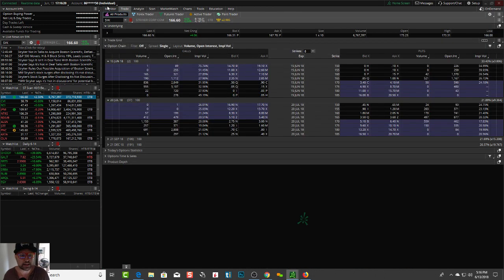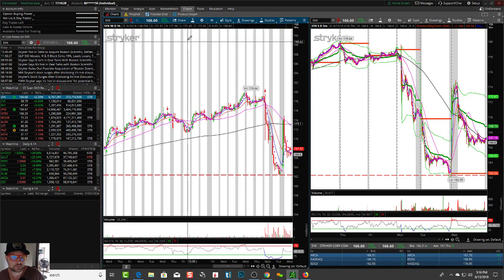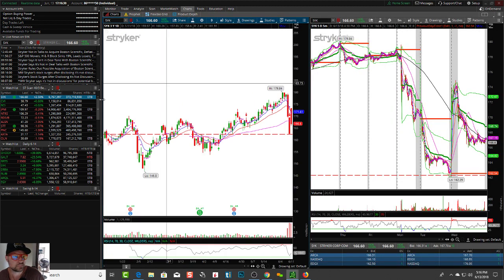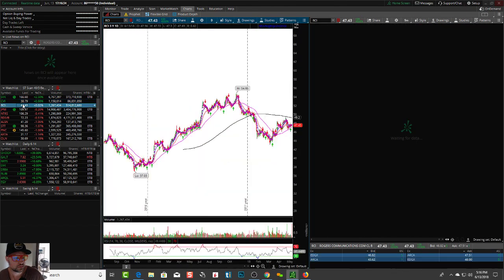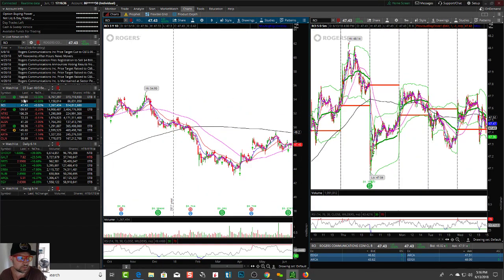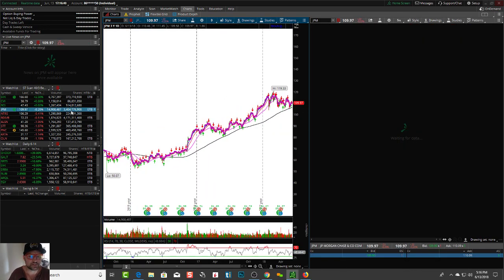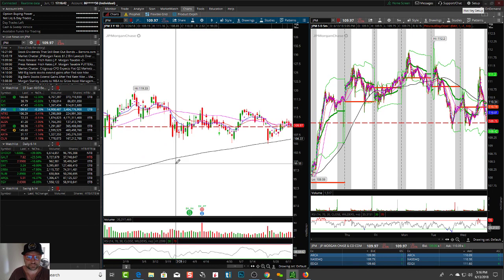Let's take a look at options chains. Well, there's some higher open interest, but I don't like the spreads. So I'm not going to look at that one. Because the majority of people don't have the money to spend, 160, to buy shares of a $166 stock.